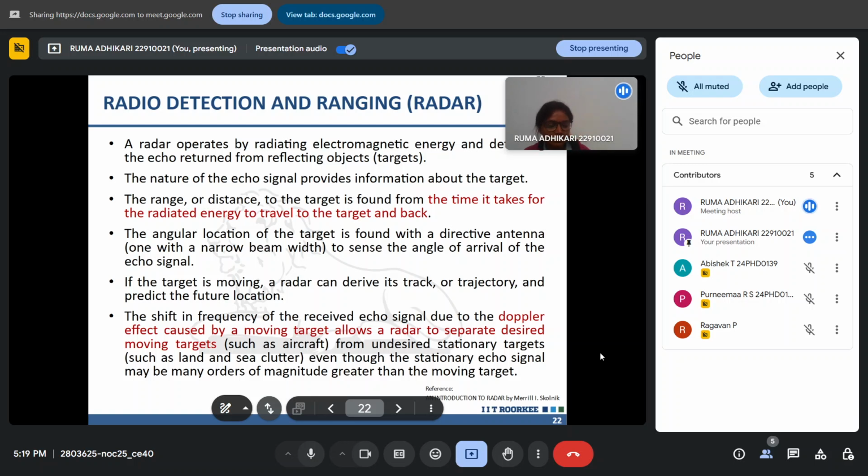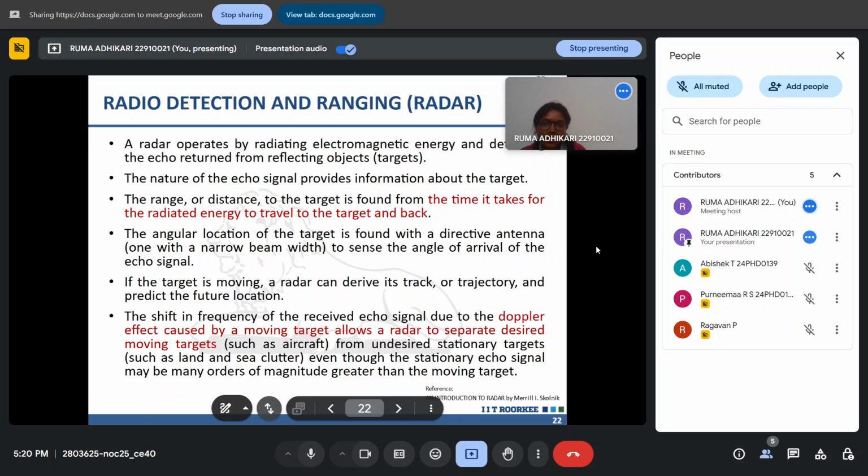So basically, there are so many lines, but what to understand from this slide is, what is radar? It is sending electromagnetic energy, one chirp, or pulse, better called a chirp. So it is transmitting one chirp in one direction, hitting one target, suppose one piece of land, and it is taking back the reflected signal.